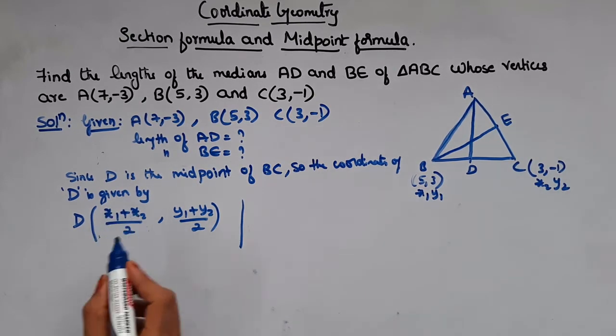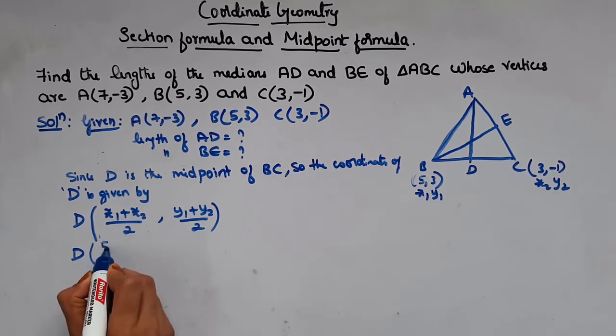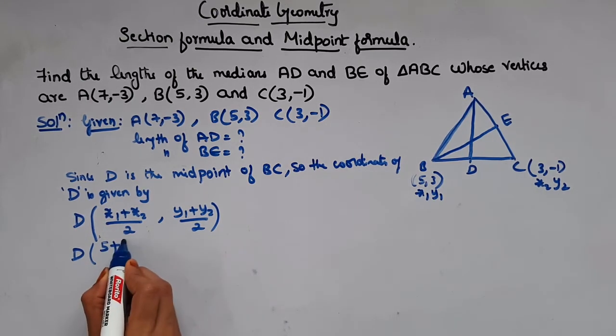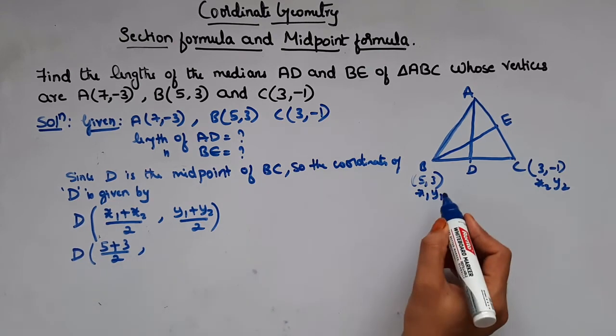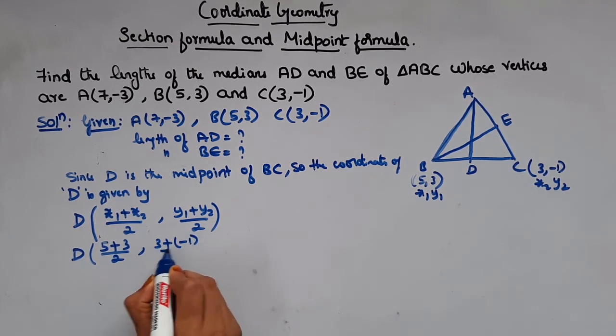Now let's substitute these values. We have x1 here is 5 plus x2 here is 3, by 2, and y1 is 3 plus y2 is -1, by 2.